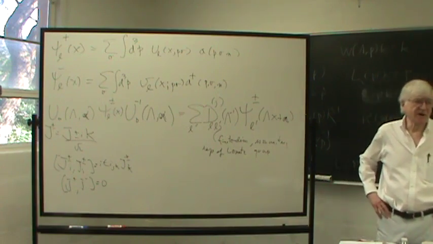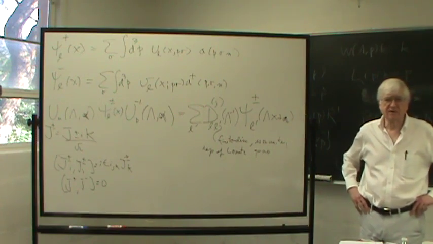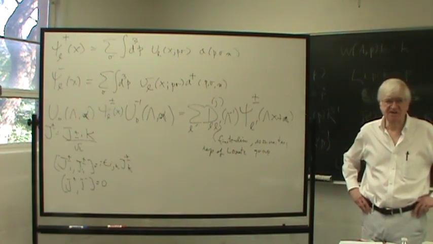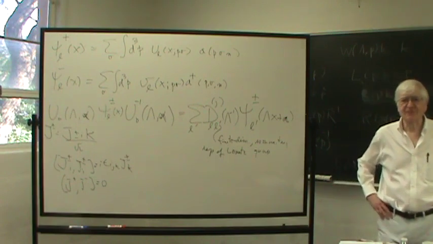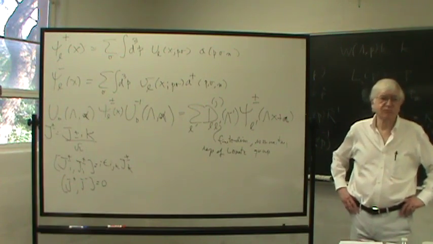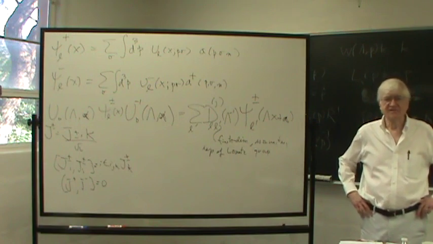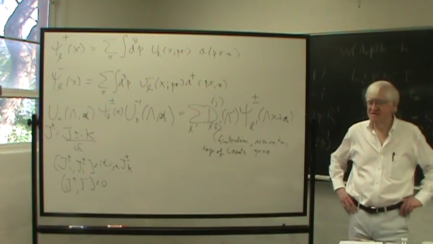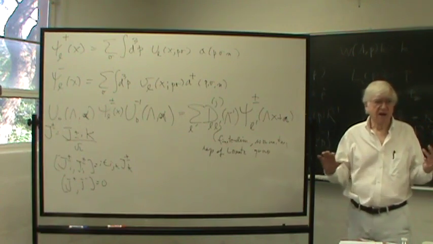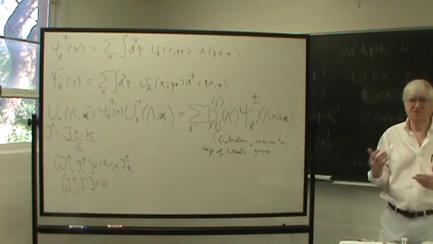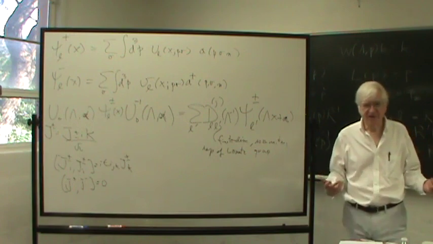And then also I want to go through a little argument about the connection between spin and statistics that I think is nice, and that maybe one of you can figure out how to improve. It's not a proof of the spin statistics theorem, but it's a very simple argument that shows you that one has a lot to do with the other.